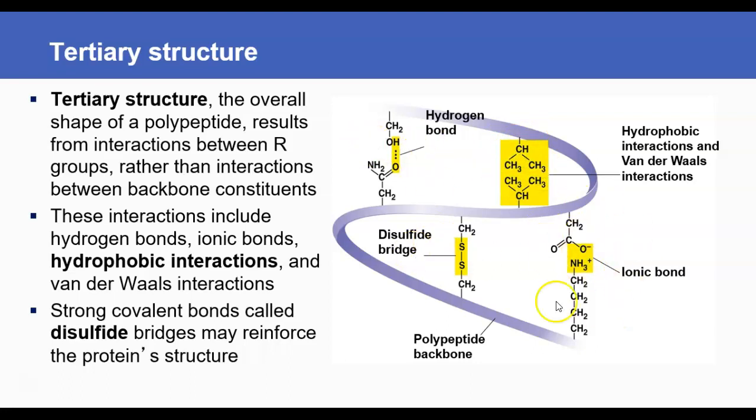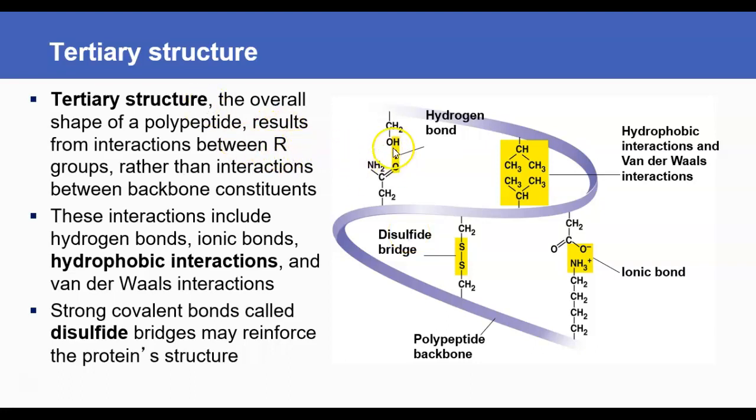So depending on if you have a very large amino acid, if you have small amino acids, if you have an amino acid that has a sulfur, these will form disulfide bridges, which make for really, really strong bonds. We're going to talk about those in one moment, or I'll give you a reference in one moment, but it's this tertiary structure that's formed based on what amino acids are there and what those R groups are.